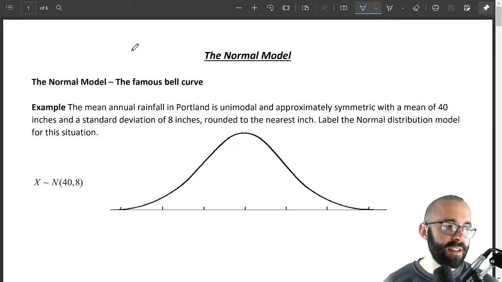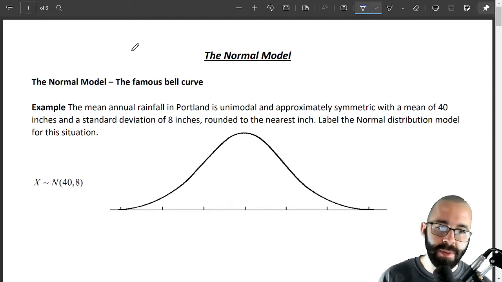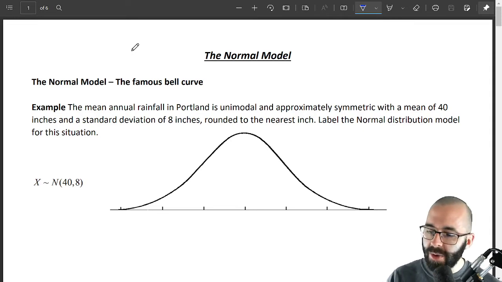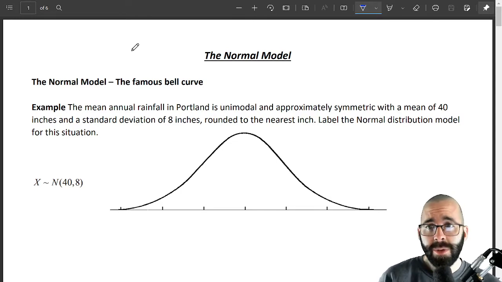Because so many things in life are normal, like people's heights, people's weights, IQ, if you care about IQ, distribution of weather patterns and stuff like this. There's way more that can be said about the normal distribution that is way outside the scale of this class, but it pops up in so many places. This is by far the single most important distribution we're going to be talking about in this class.